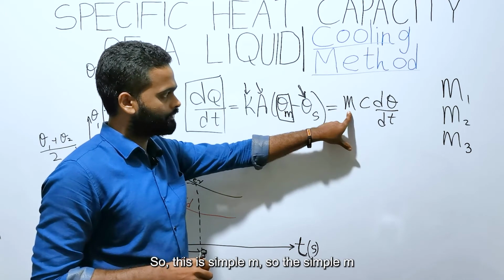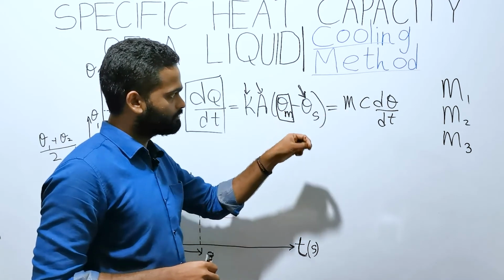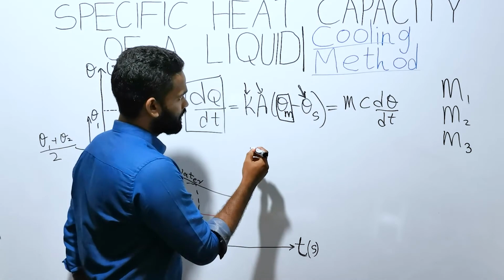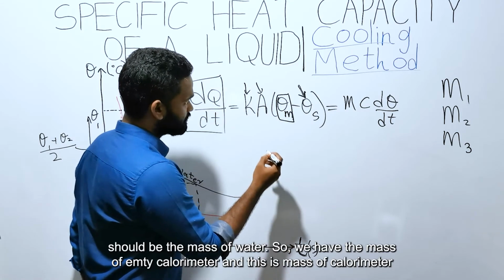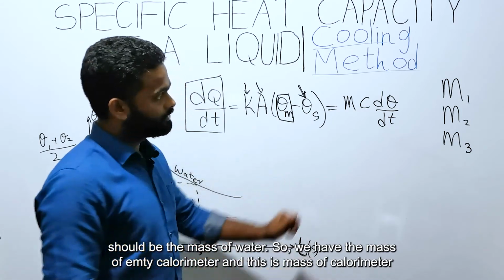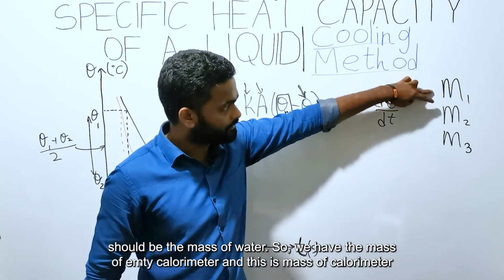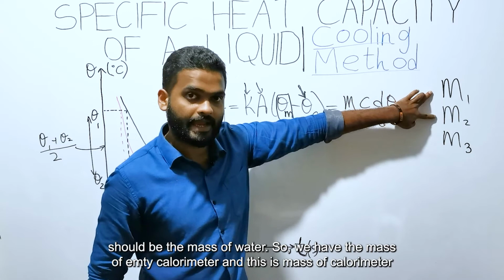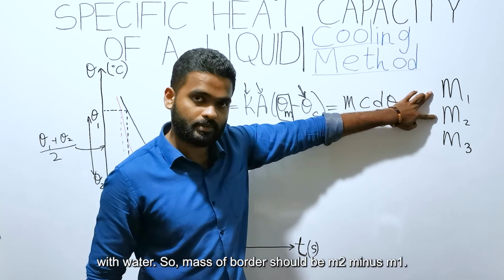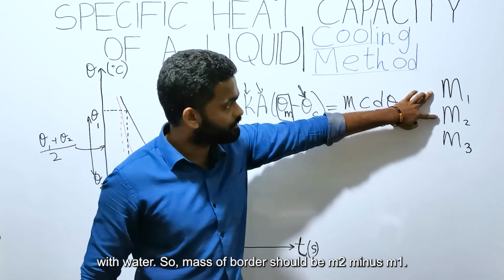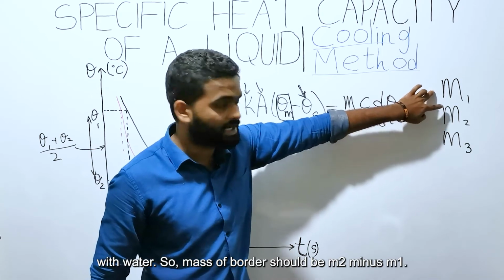So the water, simple m should be the mass of water. So we have the mass of empty calorimeter, and this is mass of calorimeter with water. So mass of water should be M2 minus M1.